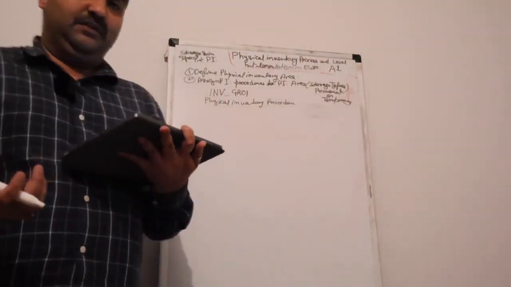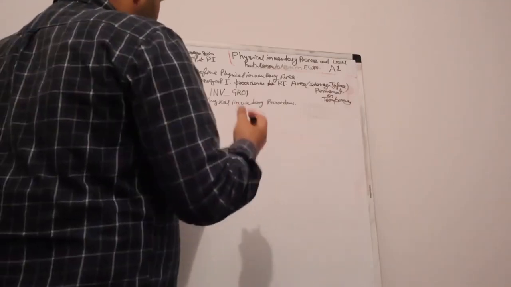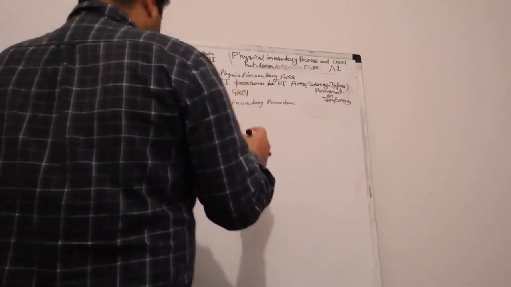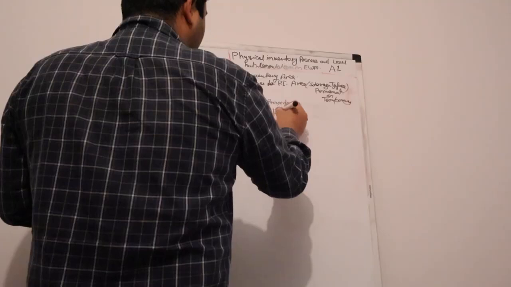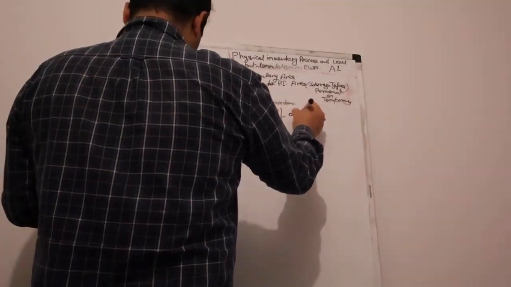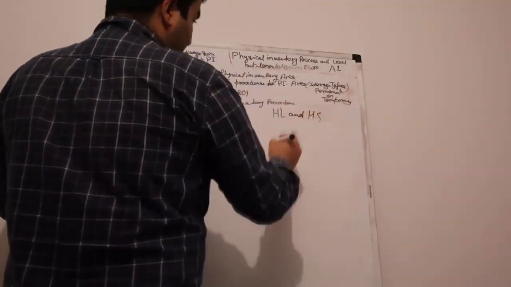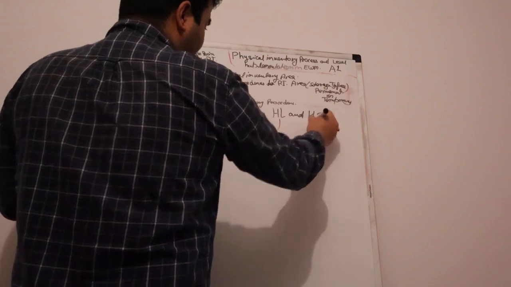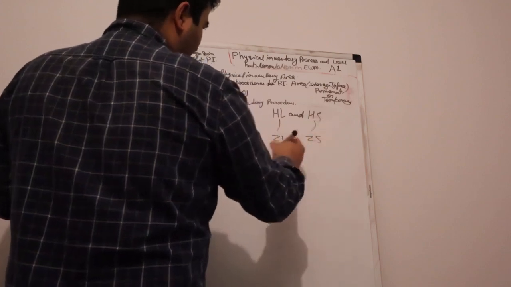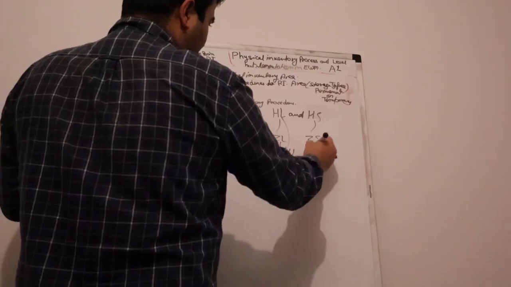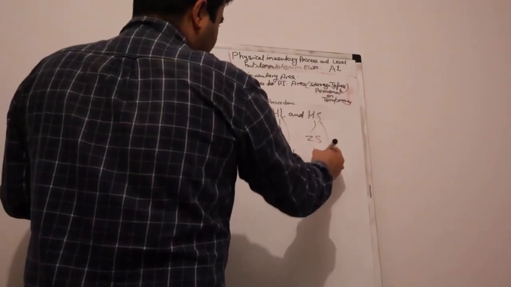For example, we have the standard procedures HL and HS. We can copy HL to ZL, we can copy to GS, we can copy HL to YL or YS.